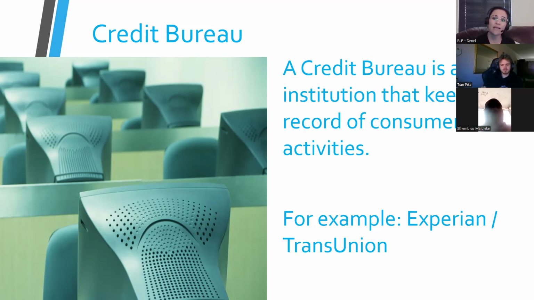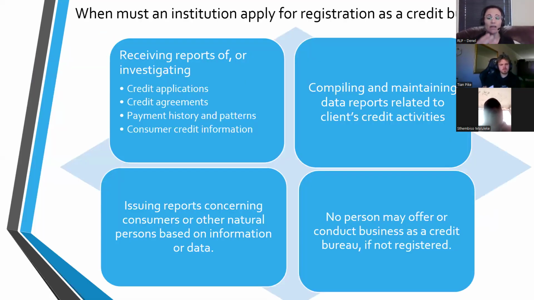So ClearScore is also an example of a credit bureau. The moment that they keep record of credit activities, they must be registered as a credit bureau. And the credit bureau decides whether a consumer can afford more credit or not. So, when receiving reports of or investigating credit applications, credit agreements, payment history and patterns, or consumer credit information, they must register as a credit bureau.